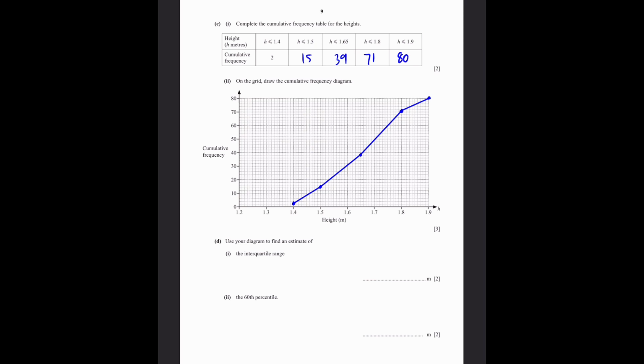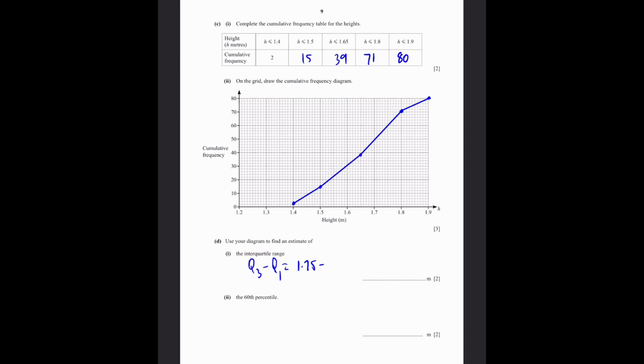D. Use a diagram to find an estimate of 1. The interquartile range, and 2. The 60th percentile. So interquartile range, that will be quartile 3 minus quartile 1. And that will be, so third quartile is 75% of all the frequencies, which is 60, and that'll be at 1.75.